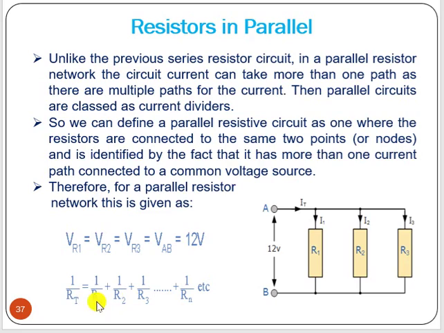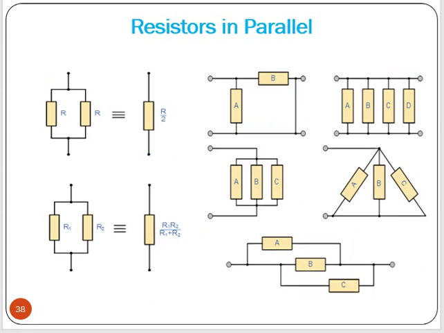If it is only 2 resistors, it is R1 into R2 in the numerator over R1 plus R2. So R total is R1 into R2 divided by R1 plus R2.